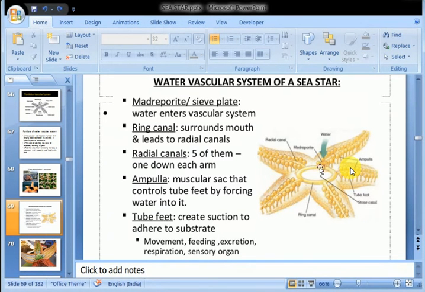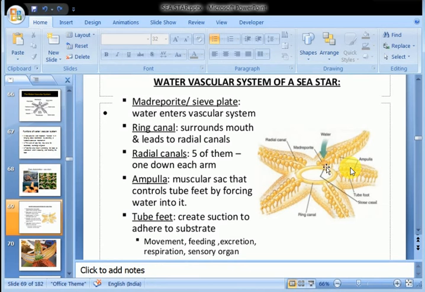It is a calcareous plate and it is situated on the aboral surface of the central disc, not on the oral, that is the downward part. And there are several fine radiating furrows present on this plate. There may be about 250 minute pores through which water may enter through this madreporite.